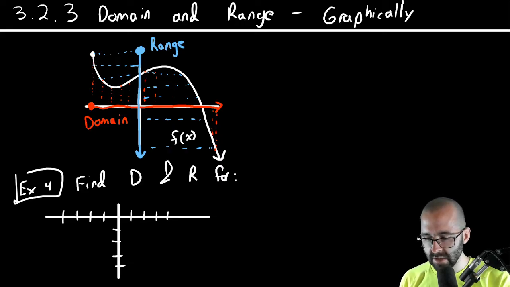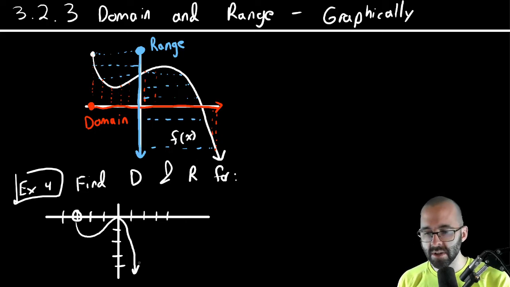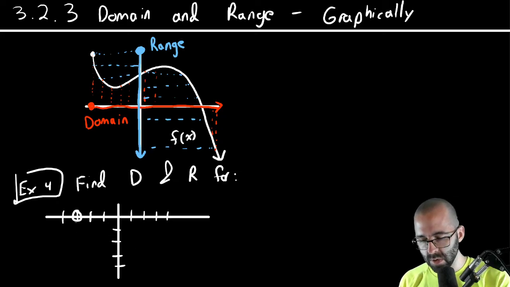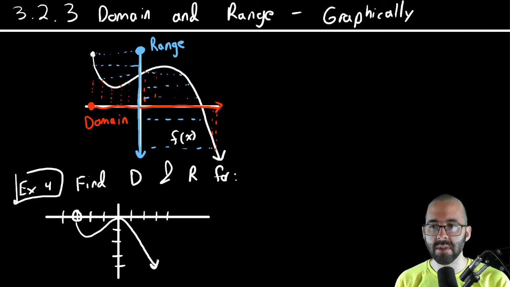Let's say it starts with an open circle over here, and then dips down a little bit, goes back to the origin, and goes down and to the right the whole way. Like so. We can do the same thing that we did in the little example above.